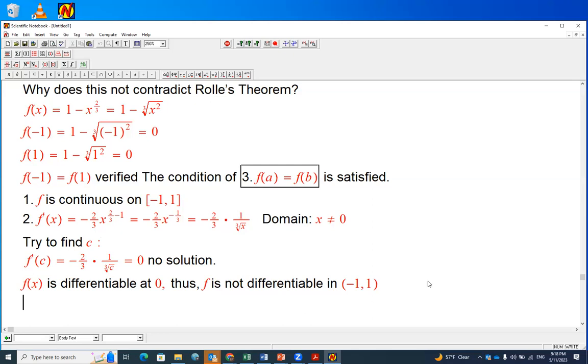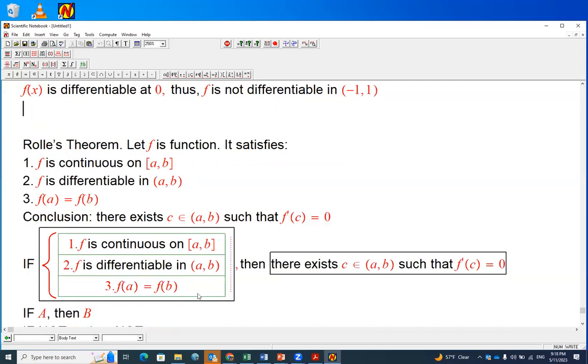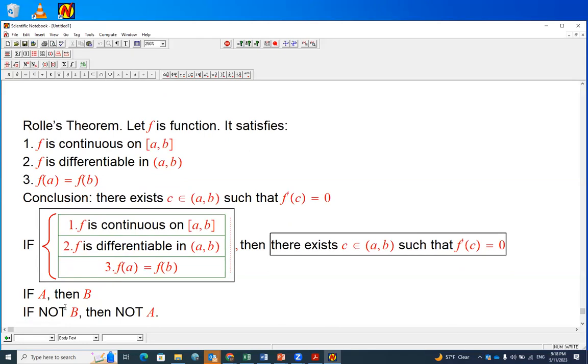So that's why not all the conditions of Rolle's theorem are satisfied. There's no c, which tells us that one of the conditions is not satisfied. Not B, then not A. But A has 3 conditions, so it could be one of them.